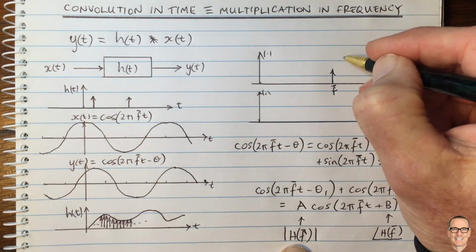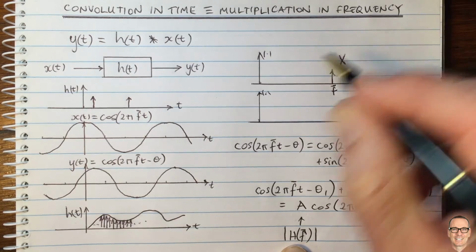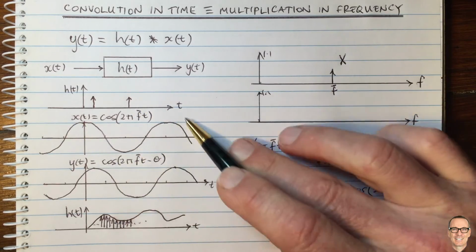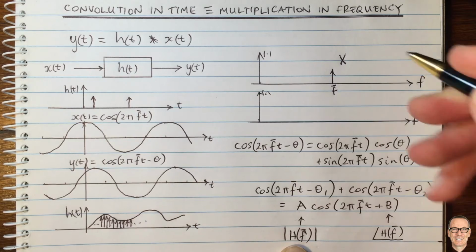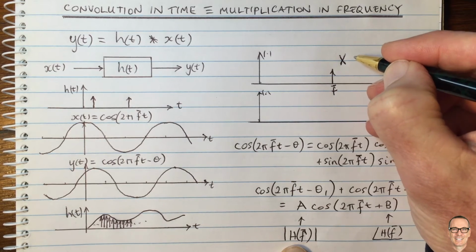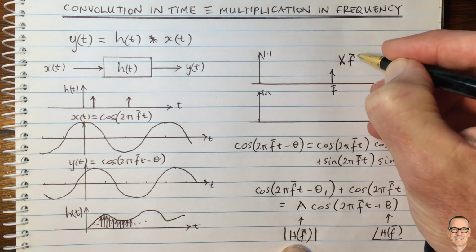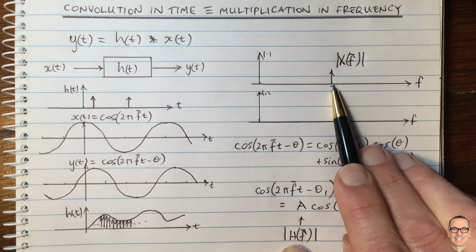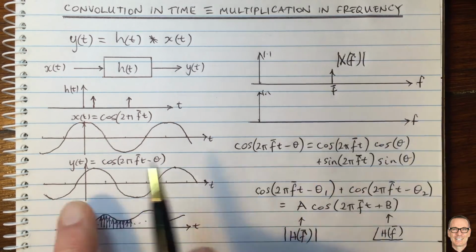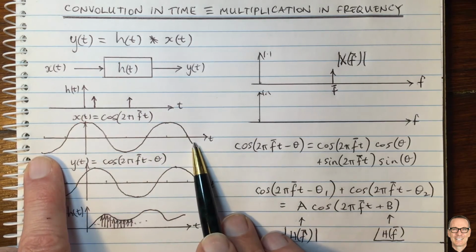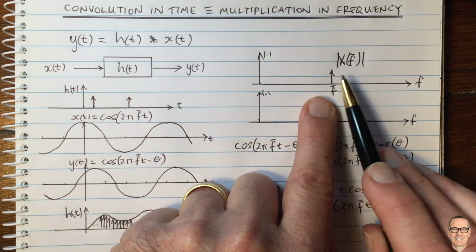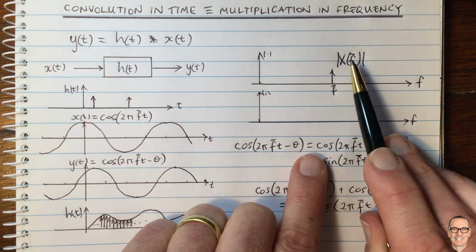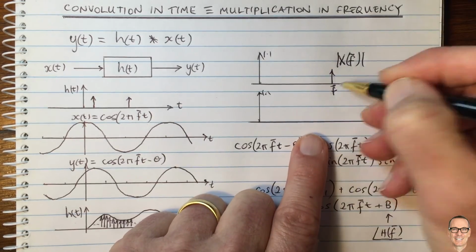We could generalize it to any amplitude at that frequency. So not just a unit, but any magnitude. So X(f), any general one. And if we plot the magnitude, it only exists at that frequency, f bar. That's because it's a cos waveform, so it only exists at that one frequency. And on the input will be a delta function at f bar.